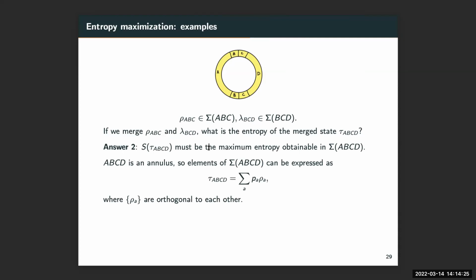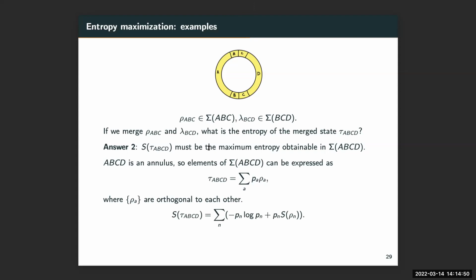So here p_a is some probability distribution, and each rho_a represents a specific superselection sector. In particular, that means that each of these rho_a's must be orthogonal to each other. And that means that if you plug this tau into the expression for the von Neumann entropy, you get this nice formula.